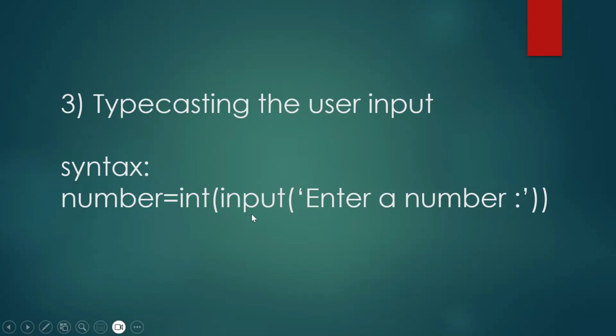So we can provide the input method as an argument to this int method. This int method would be able to convert user input into an integer so that we can perform some operation using numbers. Now let me show you how we can typecast.